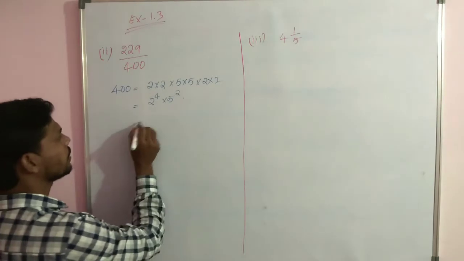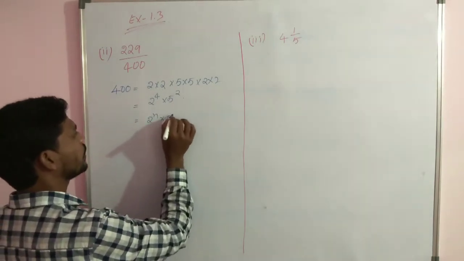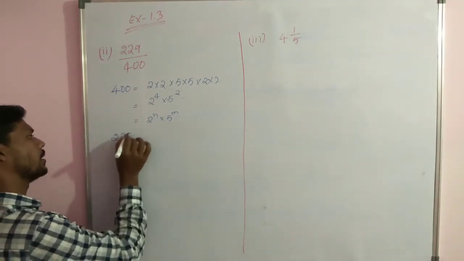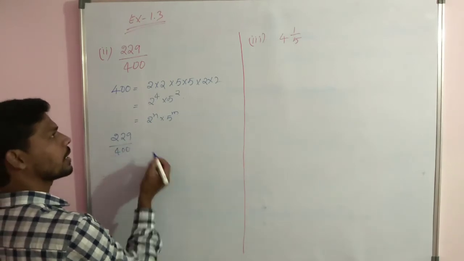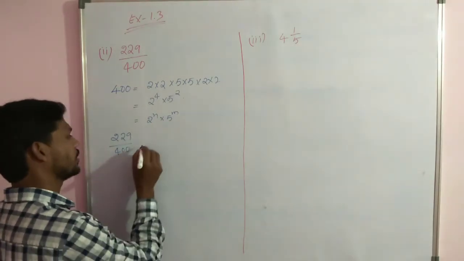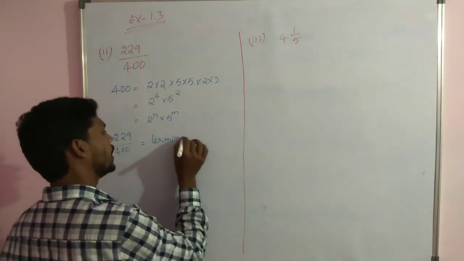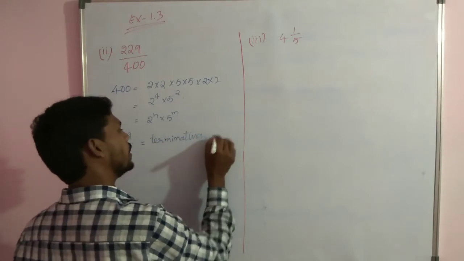So this is in the form of 2 power n into 5 power m. So 229 by 400 is terminating or non-terminating? Yes, it is a terminating decimal.